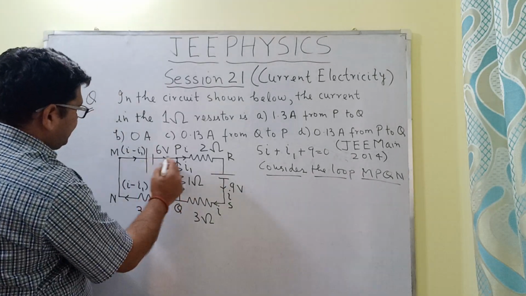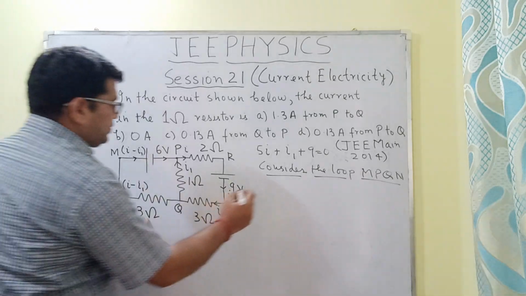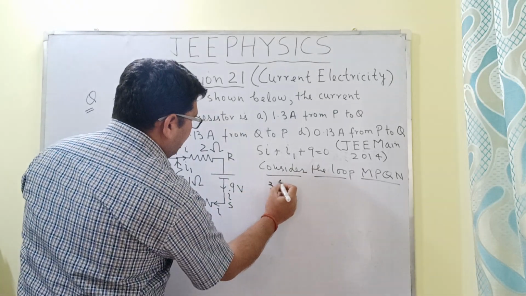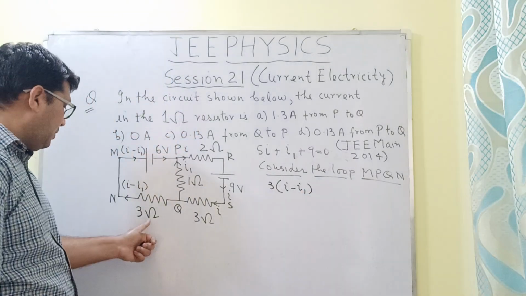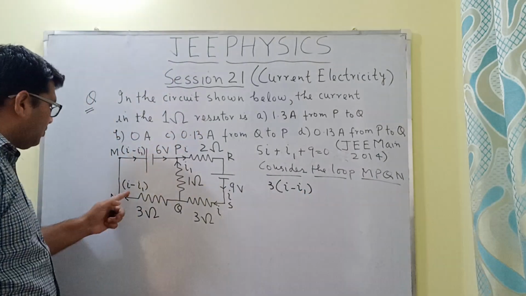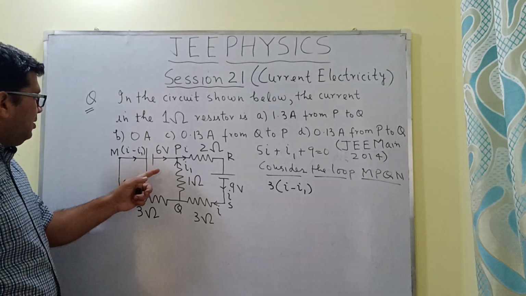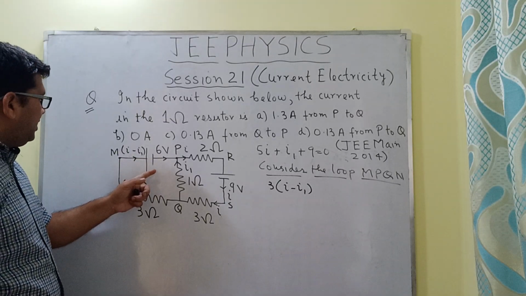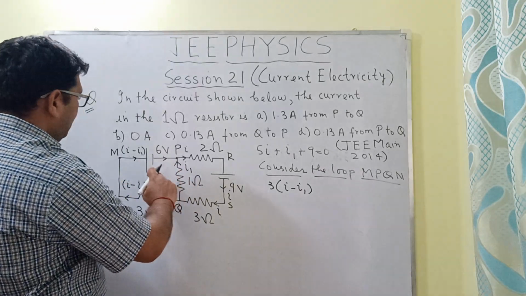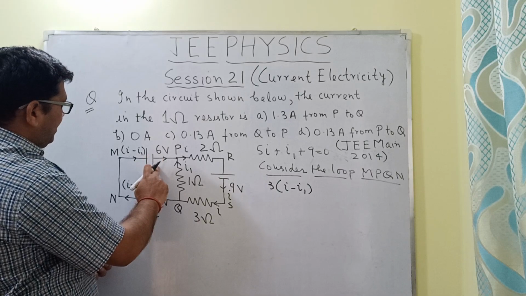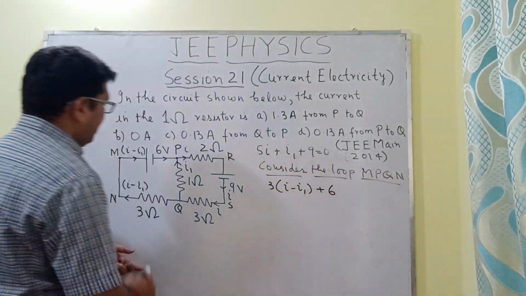In this loop, the potential difference across this 3 ohm resistor is equal to 3 into I minus I1, because the current which is flowing through this 3 ohm resistor is equal to I minus I1, and the potential difference across this external EMF source is 6.